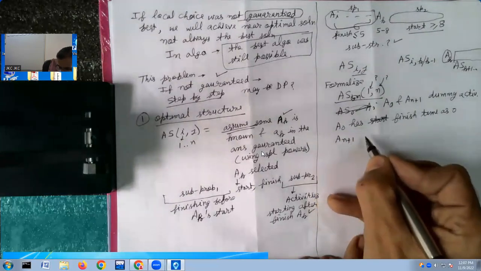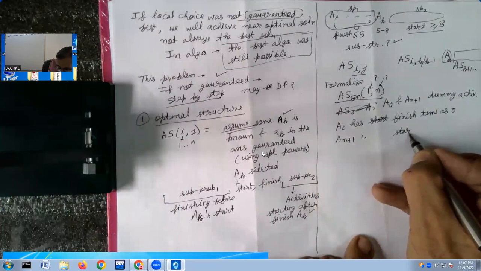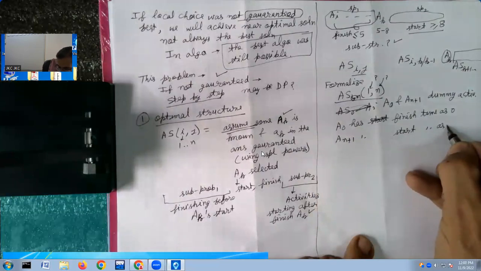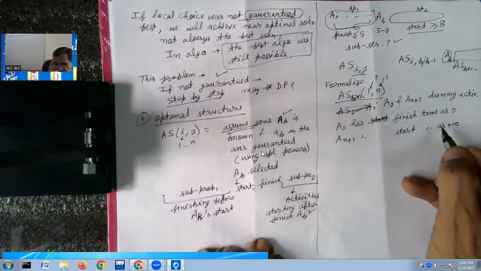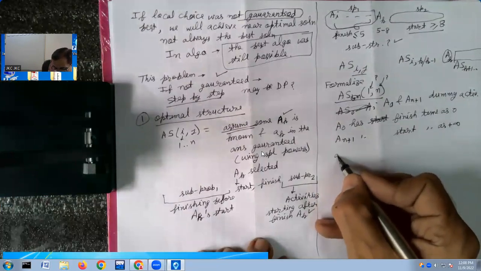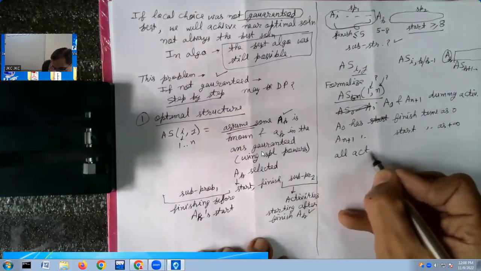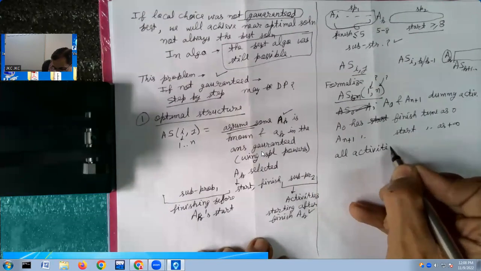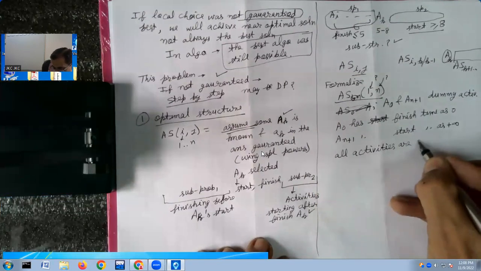An plus 1 has a start time of plus infinity. The advantage of making this is that all activities are guaranteed to be compatible with both of these.